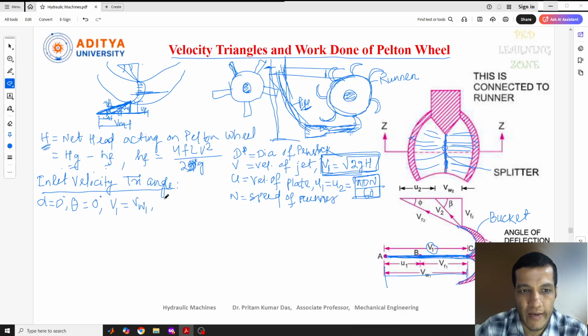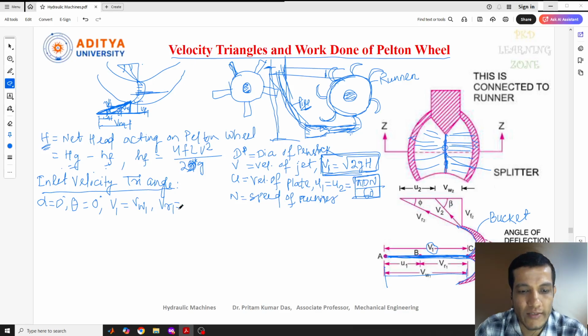Similarly, next we write VR1. VR1 is the relative velocity of the jet. Relative velocity is calculated when there are two movements in the fluid. Here the jet is moving, and the plate is also moving. The jet movement is V1 and the plate movement is U1.